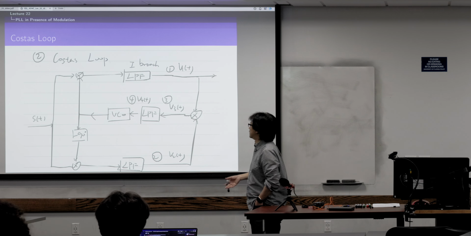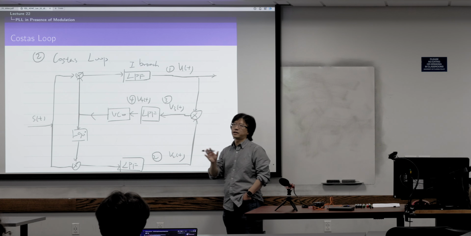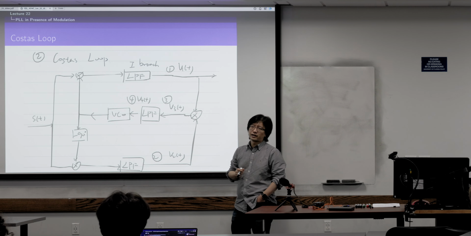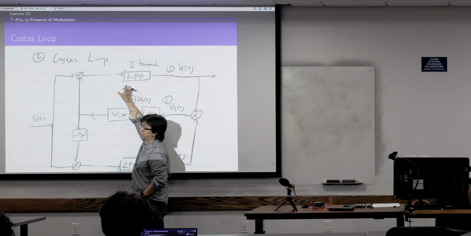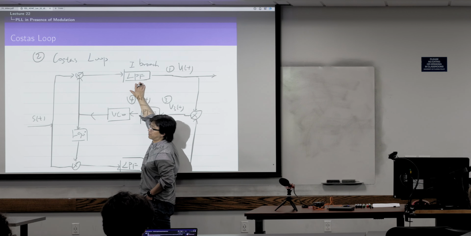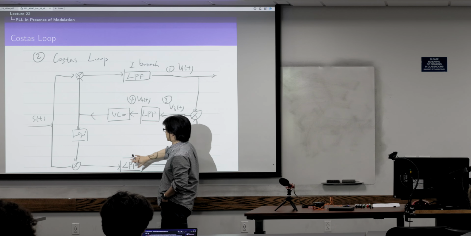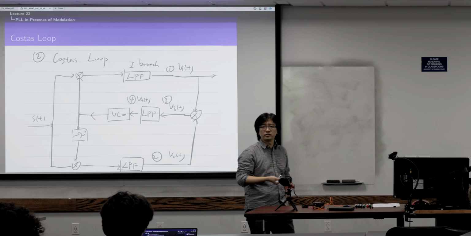Okay, and if you look at this structure, it's very similar to QAM, right? Because here is a cosine term, and here is a sine term, right? So this part can be thought of as the I branch, and this can be thought of as the Q branch. Okay.